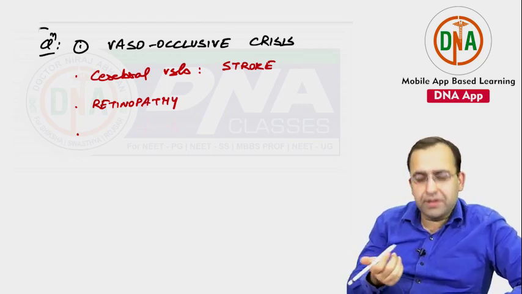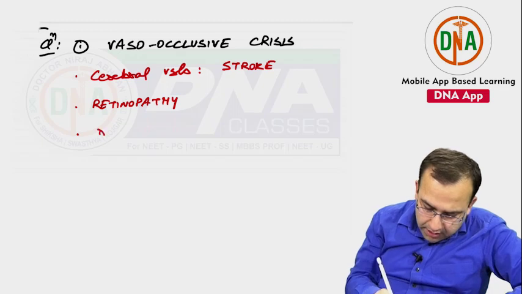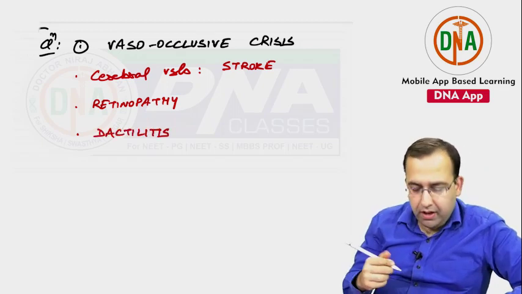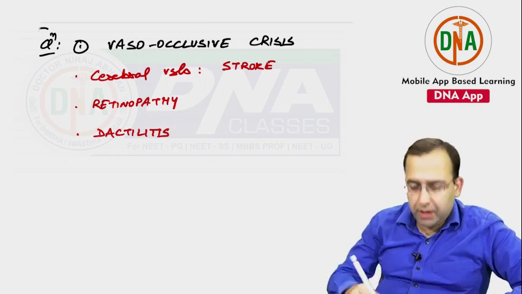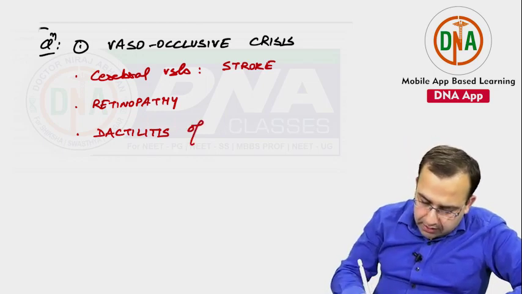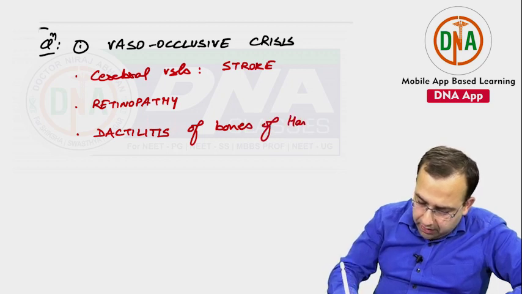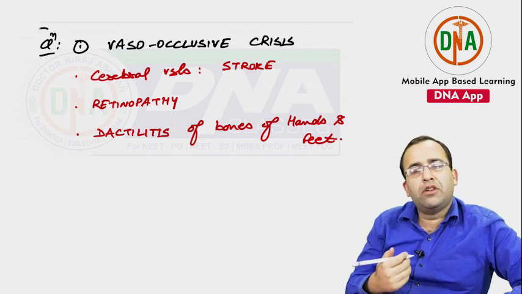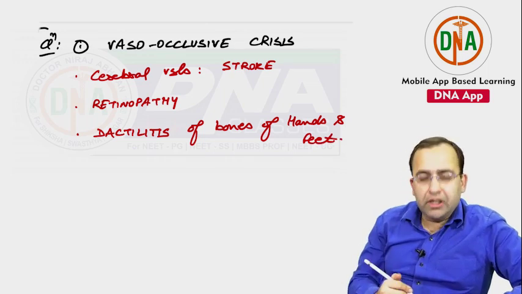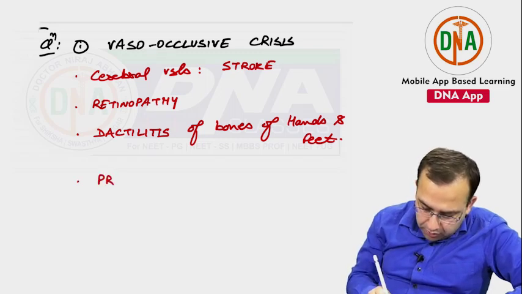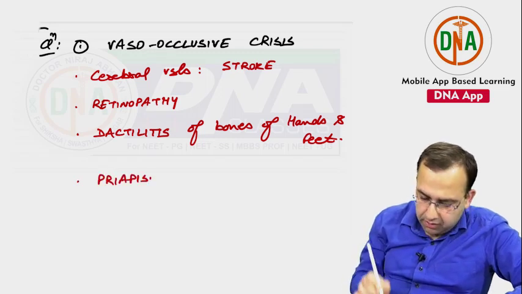Next, in the bones, it is associated with dactylitis. Dactylitis means bone pain, dactylitis of the smaller bones of hands and feet. Next, it is also associated with priapism.